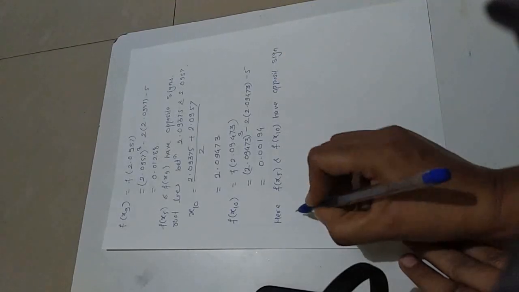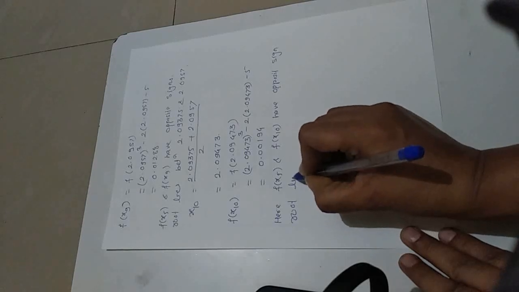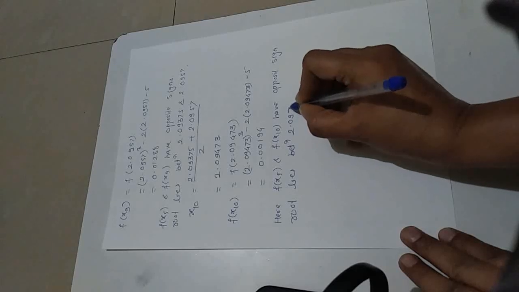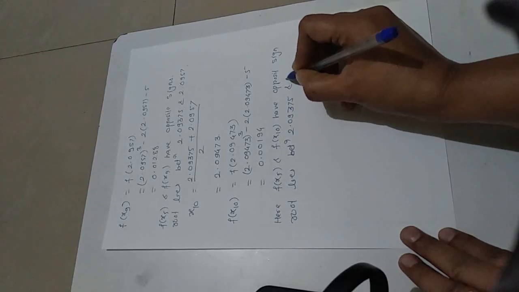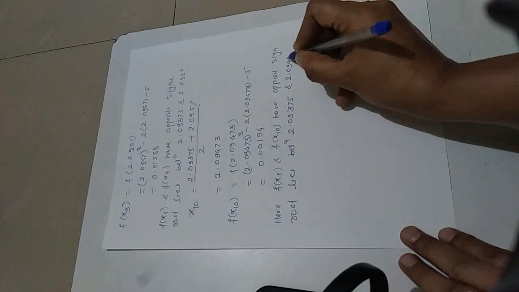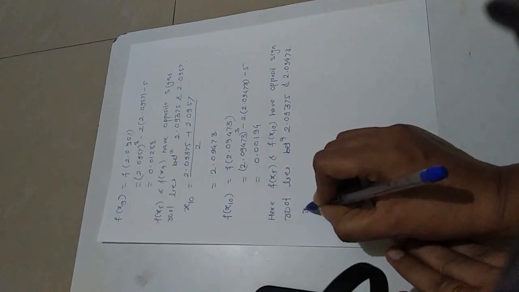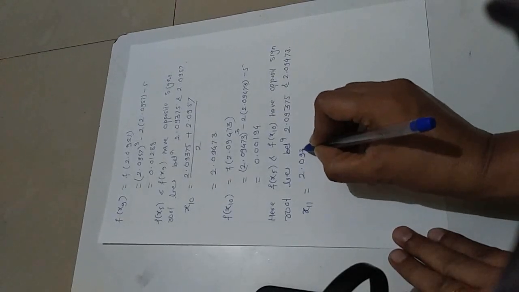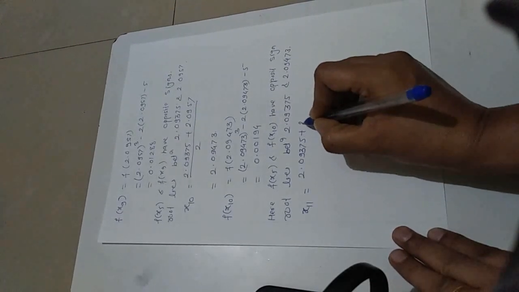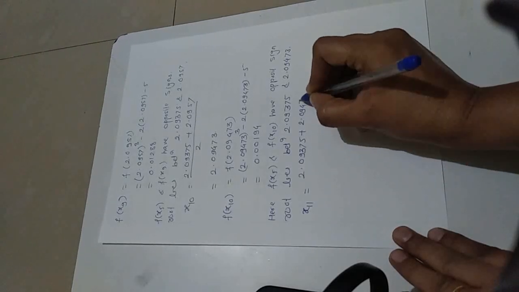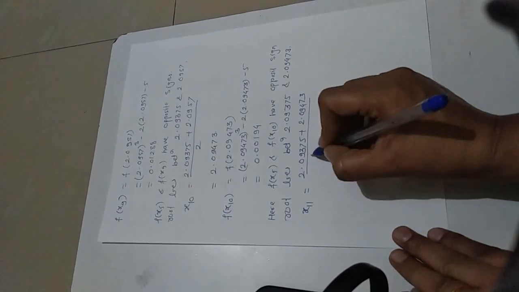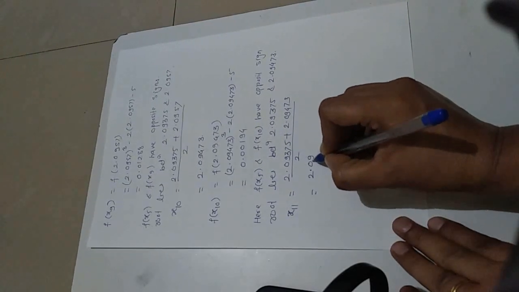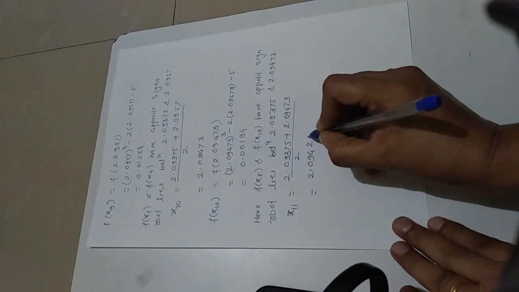and hence the root lies between 2.09375 and 2.09473. Then find x11, that is equal to (2.09375 plus 2.09473) divided by 2, and after calculation the value is equal to 2.09424.